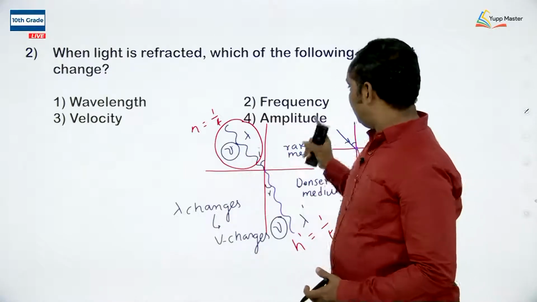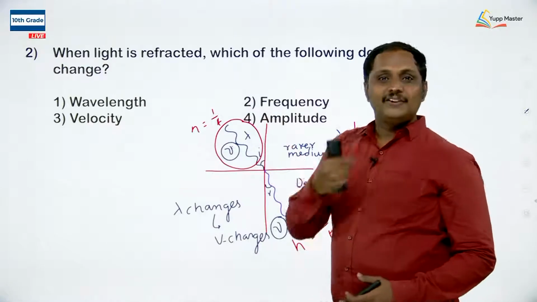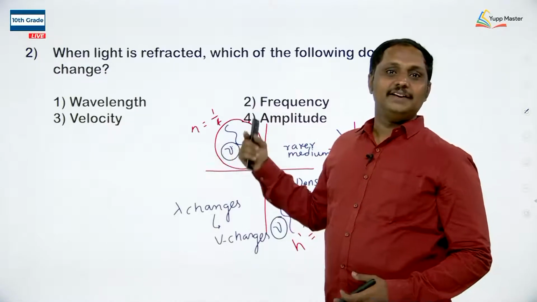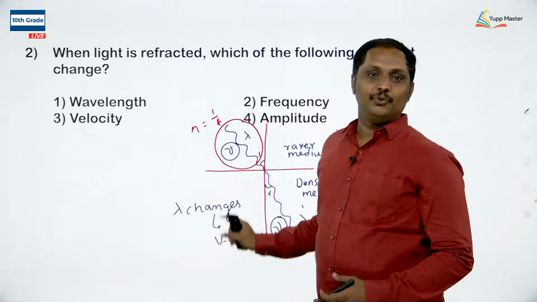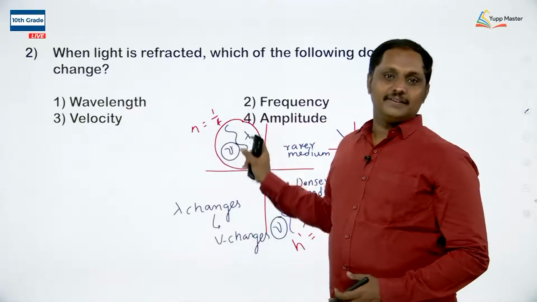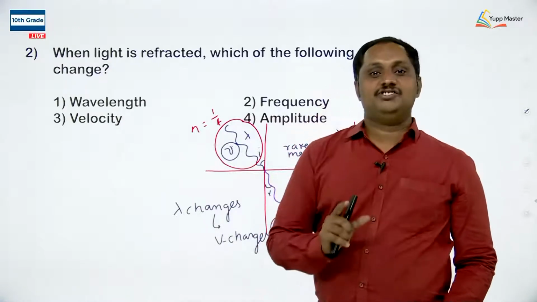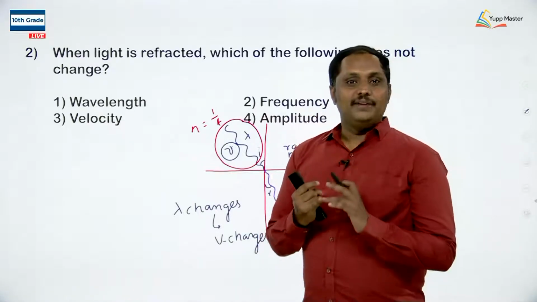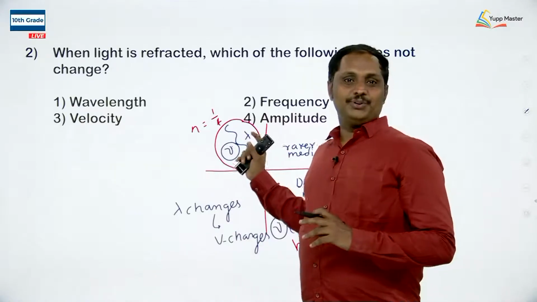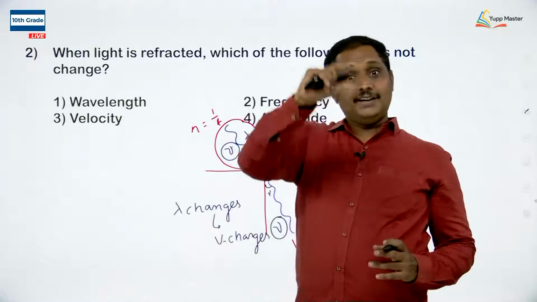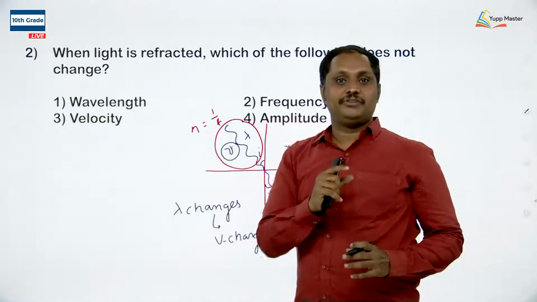So, very simple. It is very important to discuss what the existing phenomena are when light is entering from one medium to another medium. So, frequency remains the same, frequency remains unchanged. Wavelength, velocity, amplitude, maximum displacement can change, but the number of cycles made in 1 second does not change.